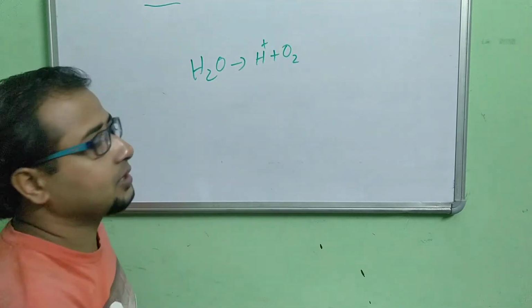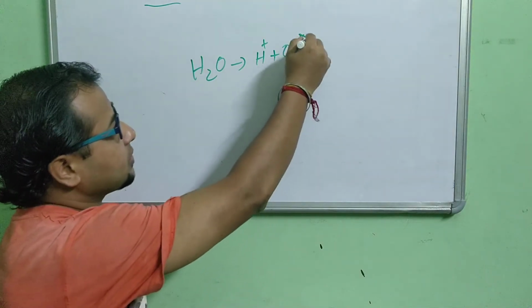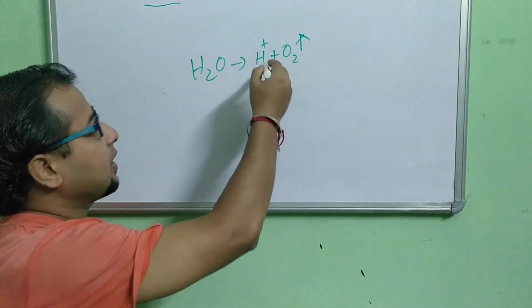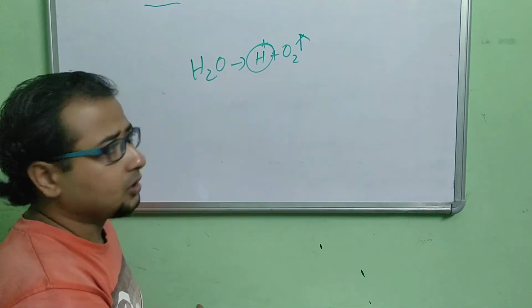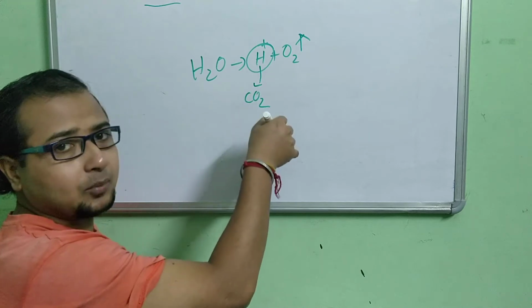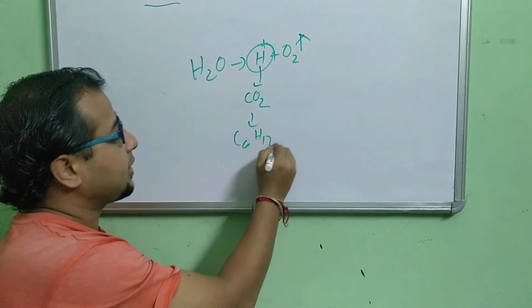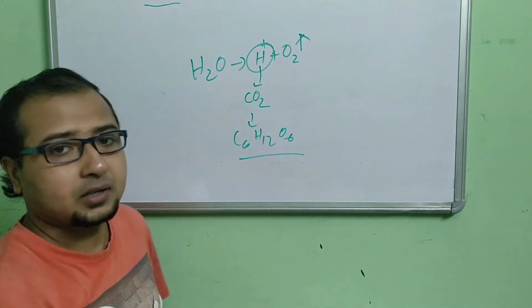Now this O2 is going to be released out, and the hydrogen which is produced here is going to bind with the CO2, carbon dioxide, and ultimately it is going to produce glucose, C6H12O6.